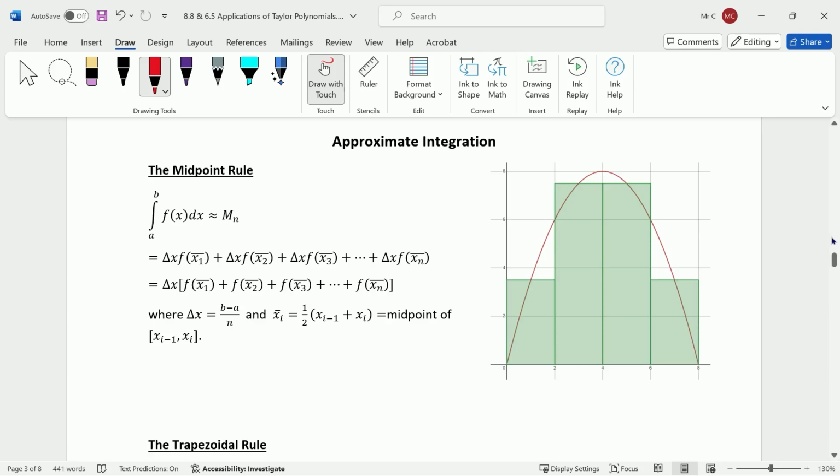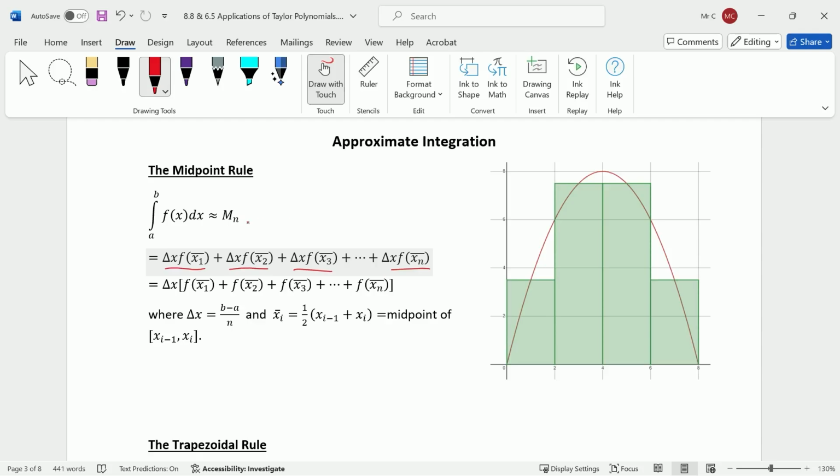All right, so we've got the midpoint rule. Now, you probably saw the midpoint rule in your Calculus 1 course, so this shouldn't be new, but it's pretty simple. It says that the integral from a to b of f of x dx is approximately M sub n, which is delta x times f of x1 bar plus delta x times f of x2 bar, and so forth and so on.